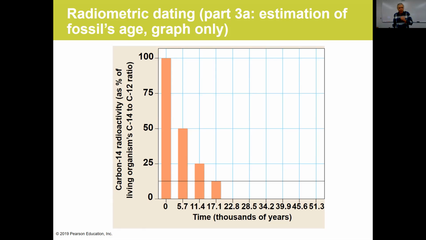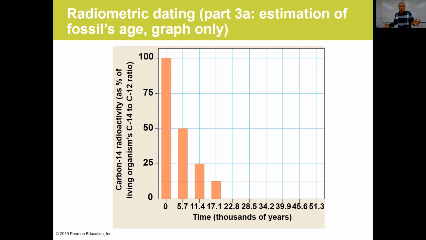But carbon dating can only be used for a maximum of 50,000 years. If something's older than 50,000 years, you can't date it using carbon-14, because there's such a tiny amount of carbon-14 left after 50,000 years. It's like 10 half-lives.